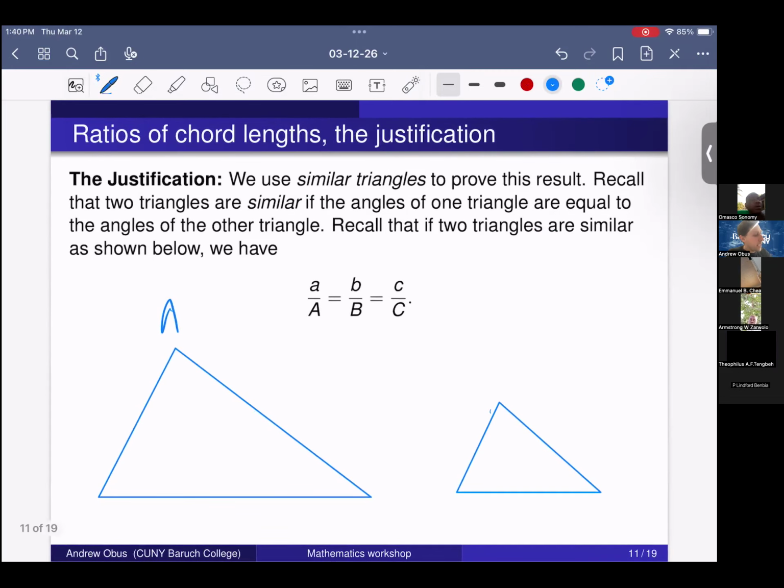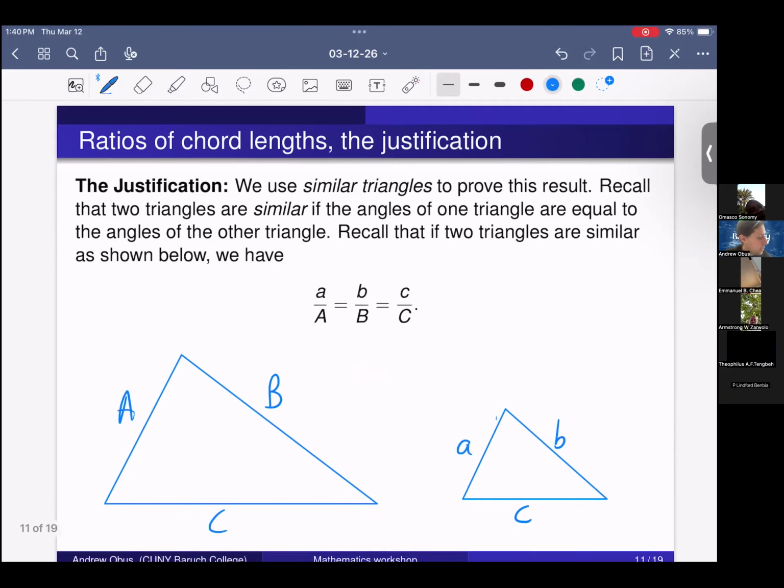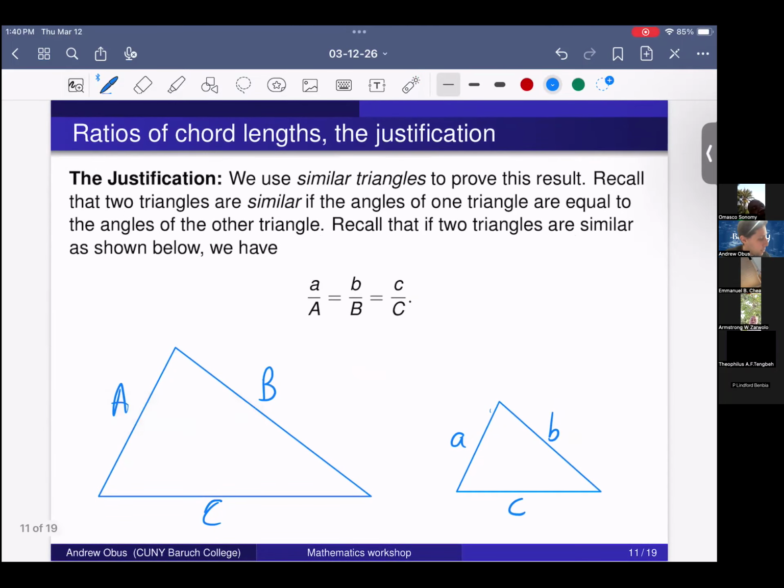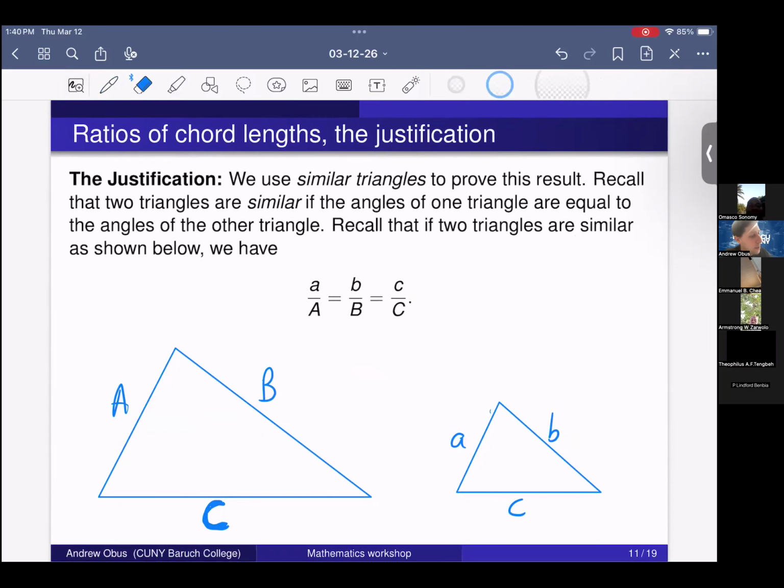I'll call the sides of the small one a, b, and c, and the sides of the big one A, B, and C. When you have similar triangles, there's a common ratio of the sides: little a over big A is equal to little b over big B, which is equal to little c over big C.